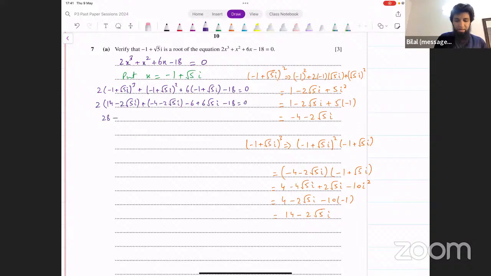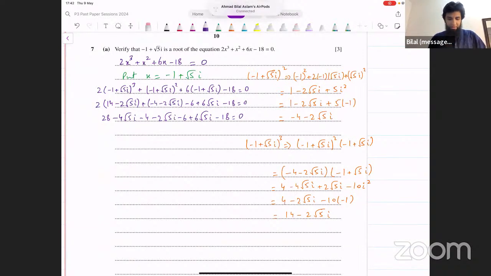It becomes 28 minus 4√5 i minus 4 minus 2√5 i minus 6 plus 6√5 i minus 18 equals 0. This is what we end up getting from all of this.